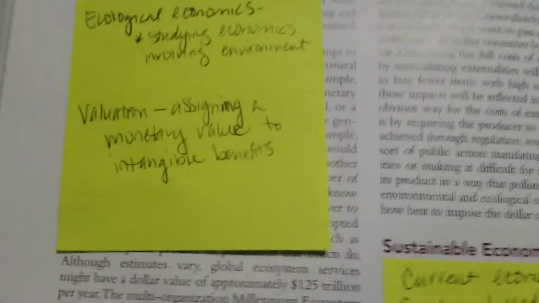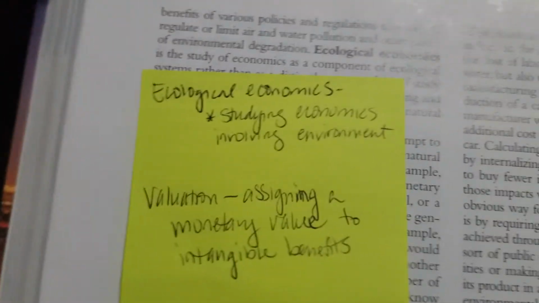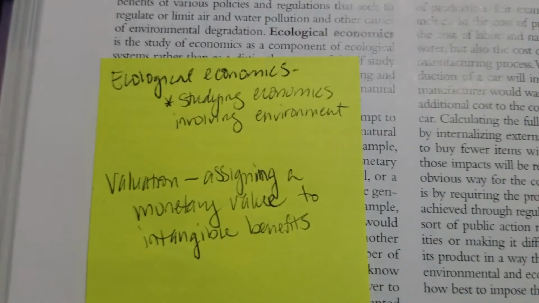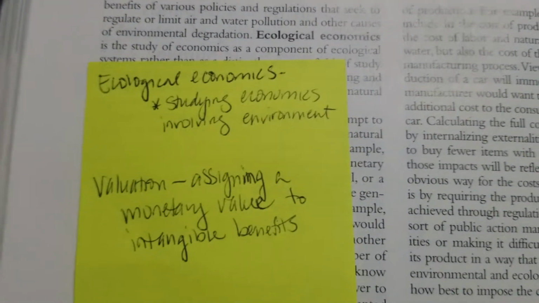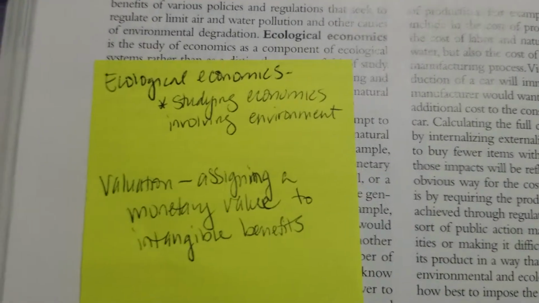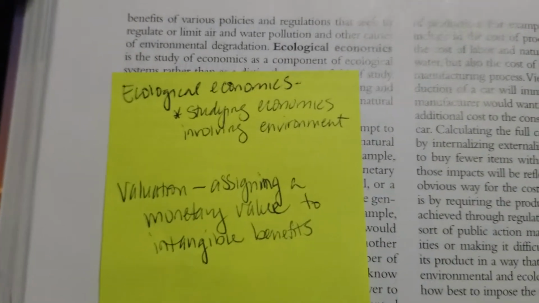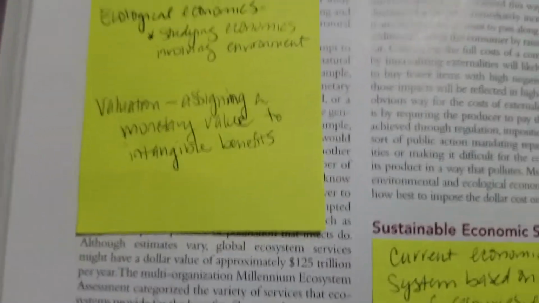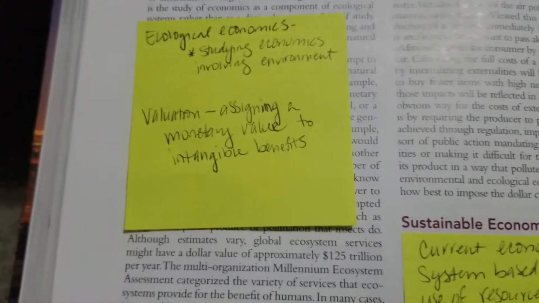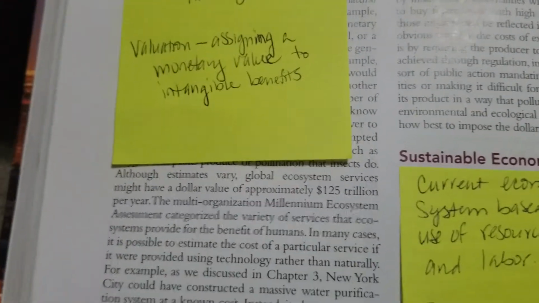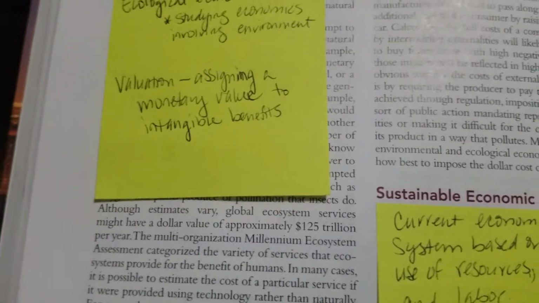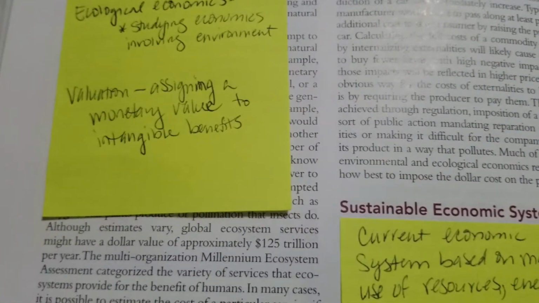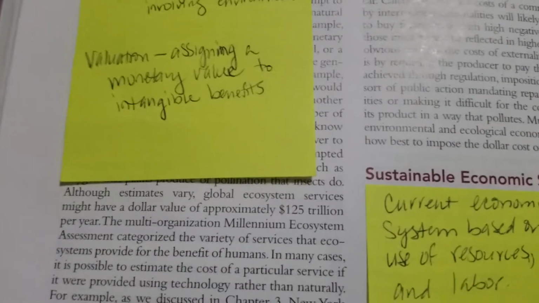All right, so ecological economics is basically looking at economics, except it's looking at the ecological part of it. So it's studying the environmental impact, which is extremely important. So that's where this section, this chapter, differs from econ probably. But valuation is assigning a monetary value to something. So you calculated the monetary value of a tree on campus based on how much CO2 it intakes or uptakes, and then its size and maybe its beauty, for example.